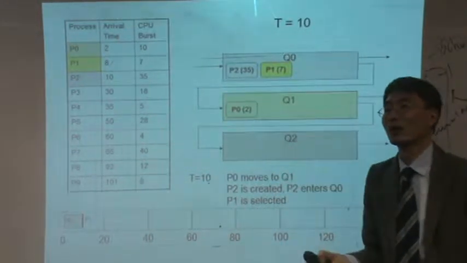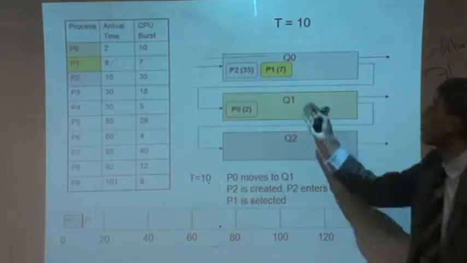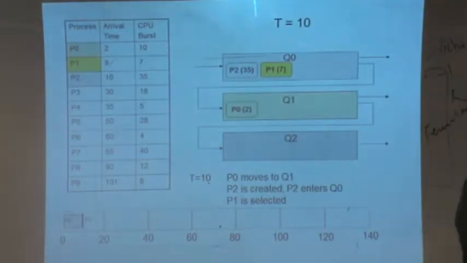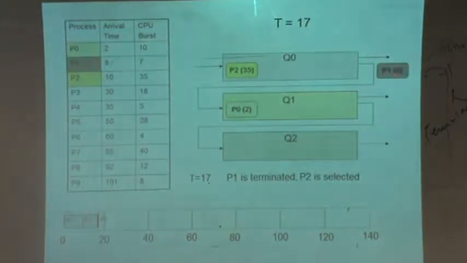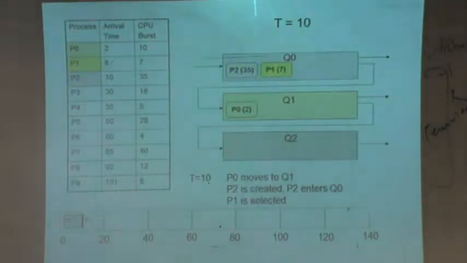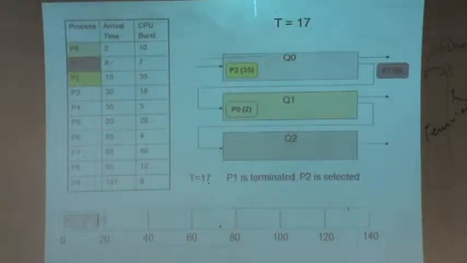Round robin with the time quantum how much? 8. So which one will take the CPU resource, P1 or P2? P1 is alive first. So P1, P2, P1, P2. However, it takes only one round, right? So P1 is done because it's less than the 8 time quantum.